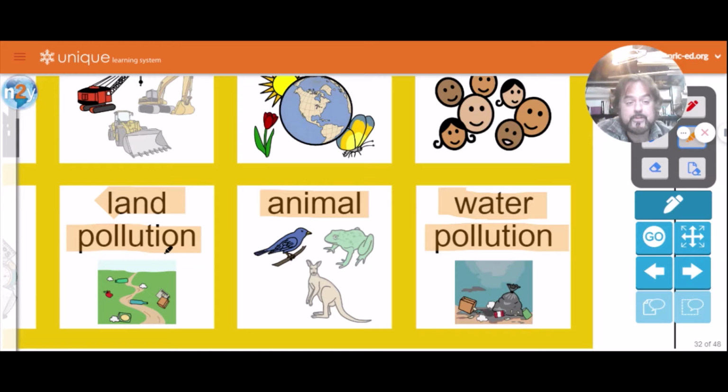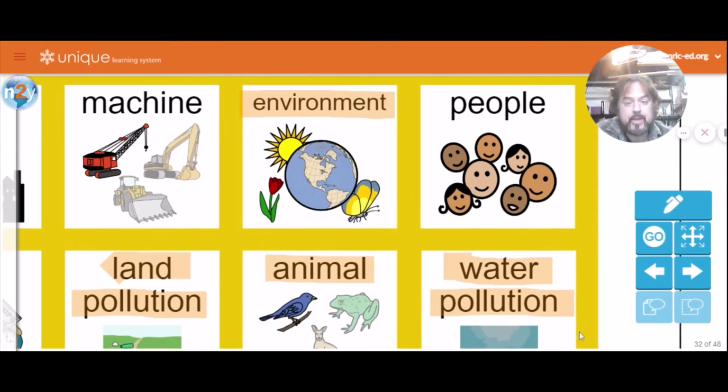There's a lot of garbage, trash on the roads and stuff, and fields, you know. And you see water pollution, like you go to the beach and sometimes you see plastic bottles washing up on the shore. These things are bad for the environment. That's why we recycle.